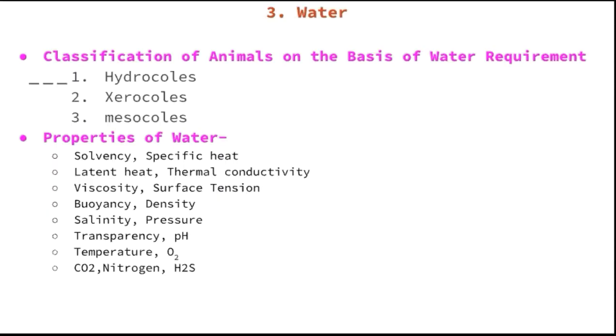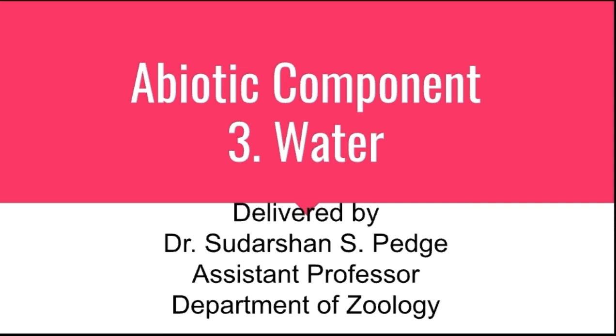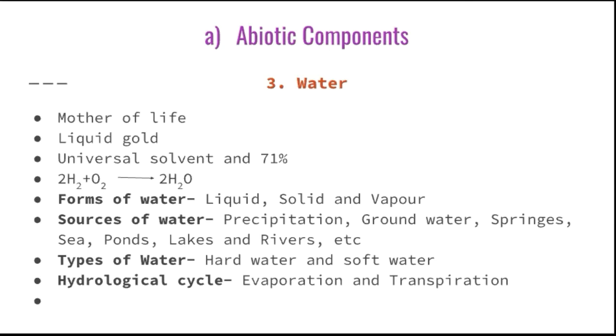So today we have seen the abiotic component of water. We have studied forms of water: there are three forms of water, liquid, solid, and vapor. Sources of water: precipitation, groundwater, sponges, sea, lake, etc. Types of water: hard water and soft water.